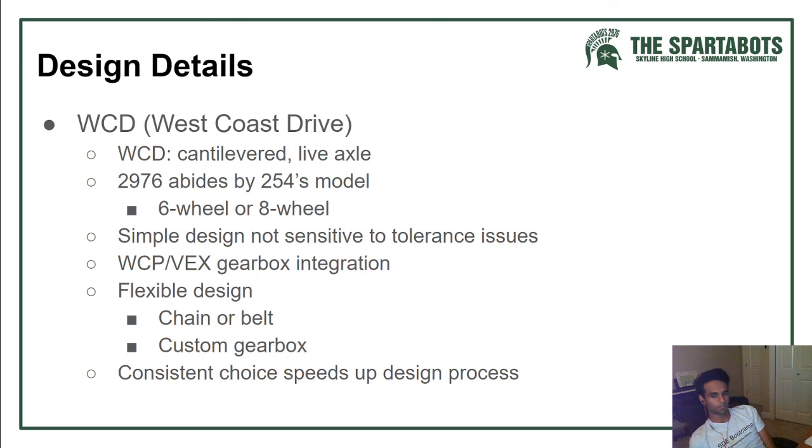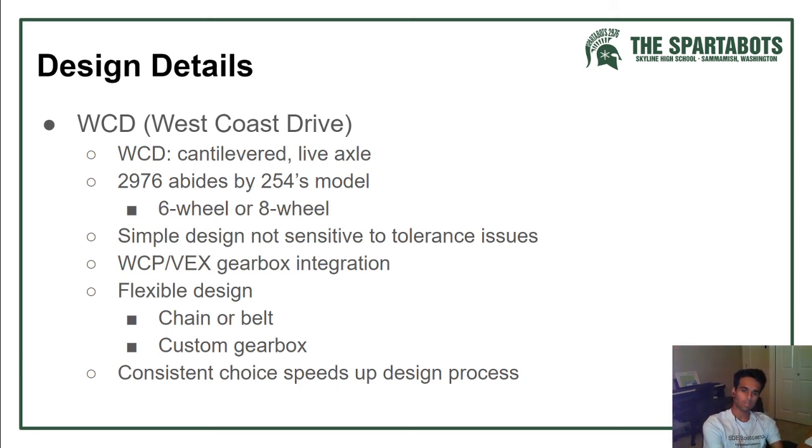Something that's going to make designing your final robot a lot faster is getting your drivetrain out of the way from the get-go. This can be done by just choosing a West Coast drive. West Coast drive is simple. It's a cantilever drive where the shafts are pointing out of the tubes with a live axle.